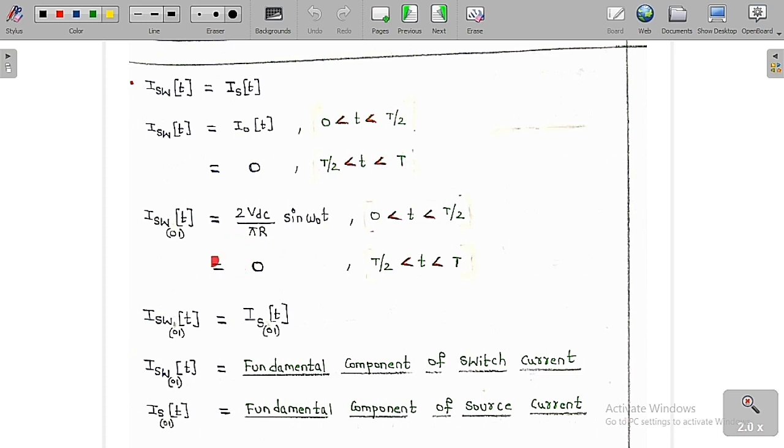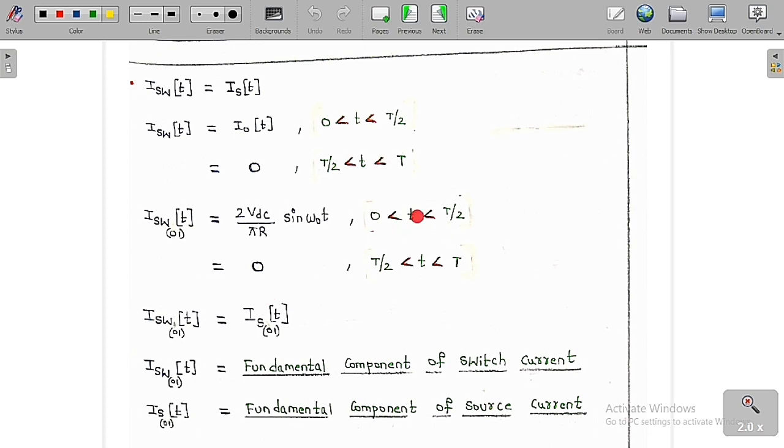Similarly, I want to find the fundamental component of the switch current. For 0 < t < T/2, it is the same as the fundamental component of the output current, which is 2V_DC/(πR) sin(ω0 t), and it is equal to 0 for T/2 < t < T, because here switch S2 is conducting, so switch S1 is off and the current is 0.